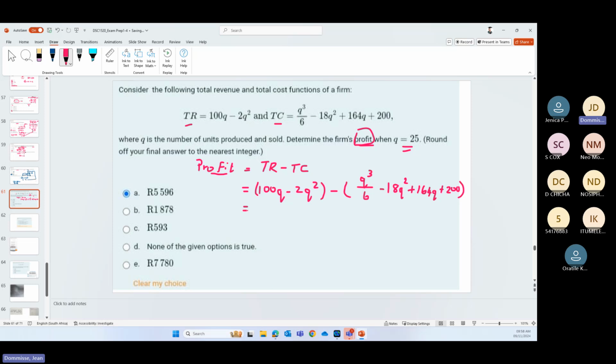Okay, so let's rewrite this. Because we've got the negative, I normally just write it over to make sure that the negative is used correctly. Negative times negative gives us a plus.